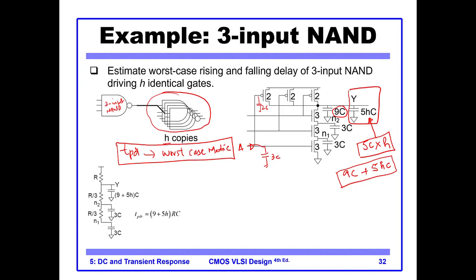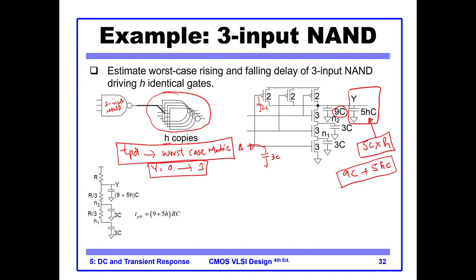that, for example, we have 3 PMOS in parallel, and we have 3 NMOS in series. Let us consider that the output is moving from 0 to 1. What is the worst case for the output to move from 0 to 1?